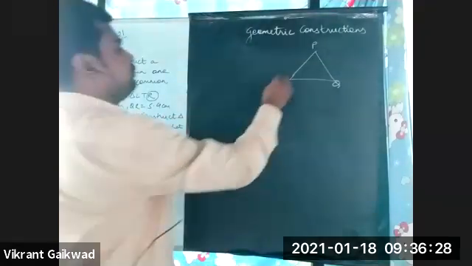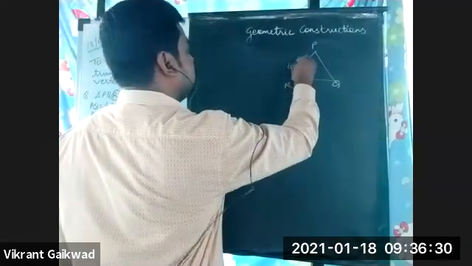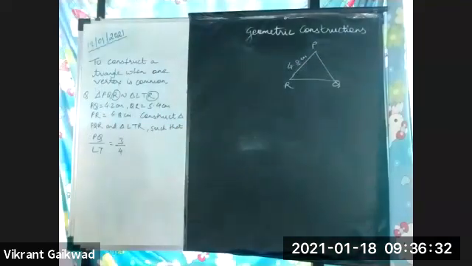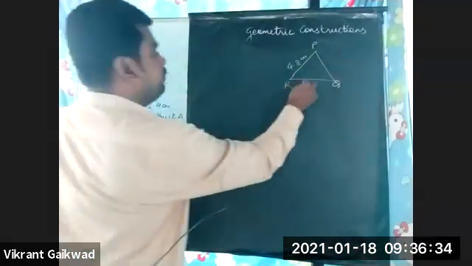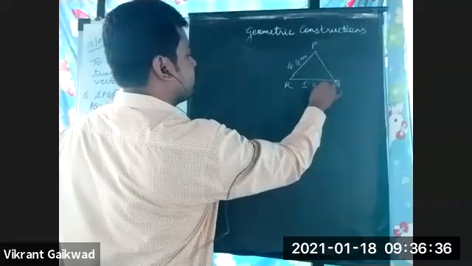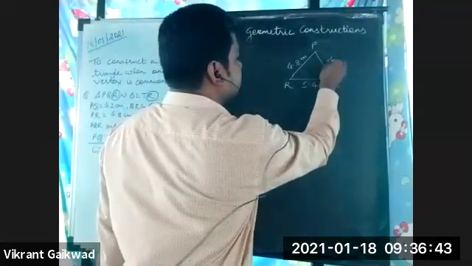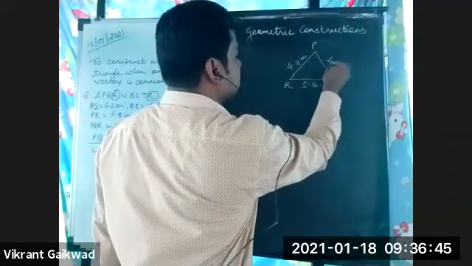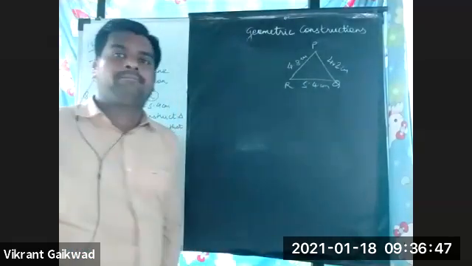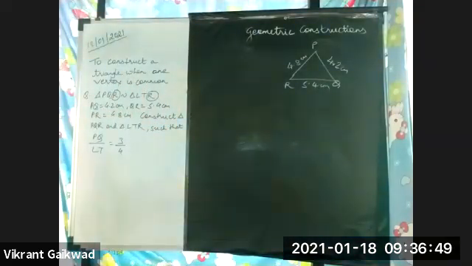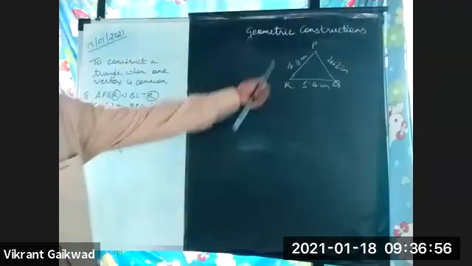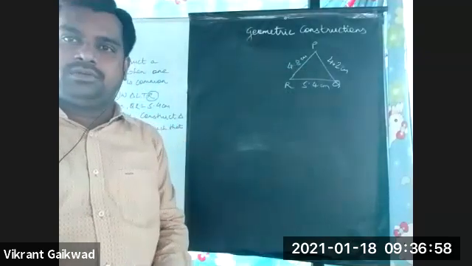PR is 4.8, RQ is 5.4, and PQ is 4.2 centimeters. Now, can you draw triangle PQR? You can easily draw triangle PQR because all these sides are given to us.